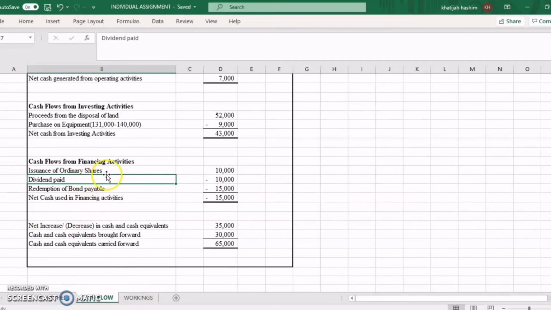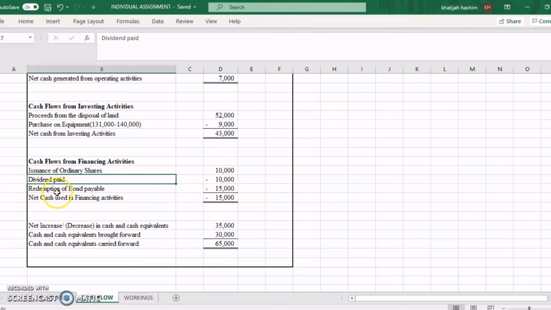For the financing activities, the additional information shows the new issuance of ordinary shares of 10,000 inflow, and a dividend paid of 10,000 outflow.